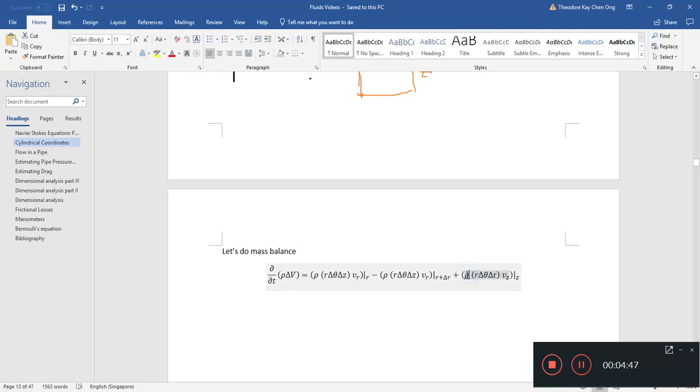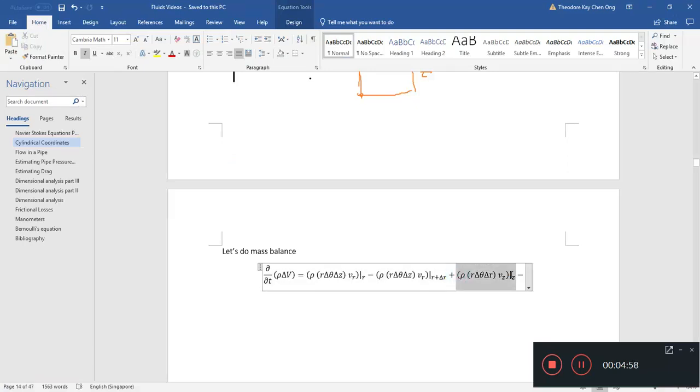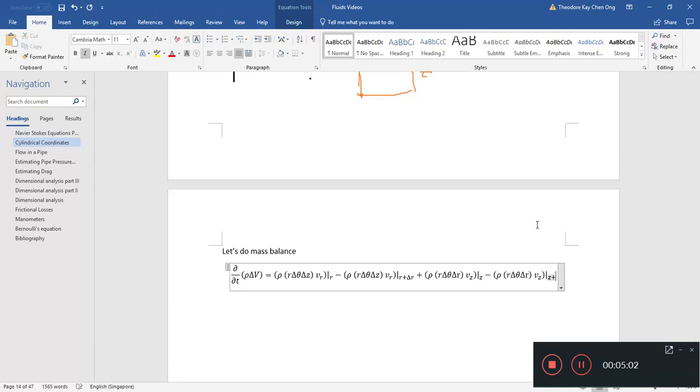So this is rho, this is the area, and this is the relevant velocity, similar to what we have done before. And then we'll consider the top as well. So that is simply, I'm just going to speed up now, z plus delta z.